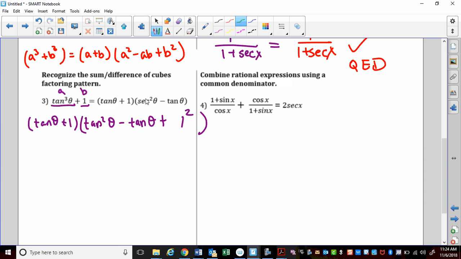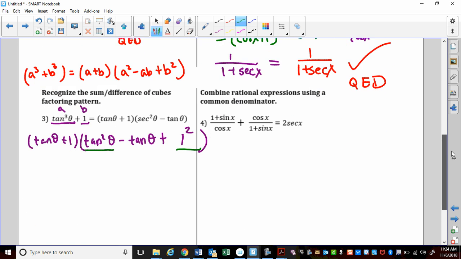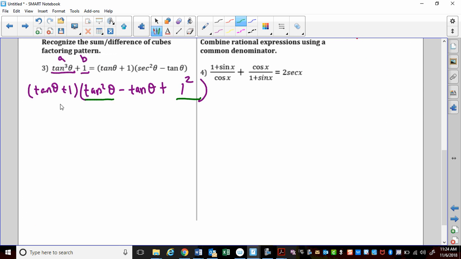Okay, but do you guys see this right here is tangent squared plus 1? This is an identity: tangent squared plus 1 is secant squared. Look at your identity sheet. So I still have tangent theta plus 1, which is actually perfect, times this is secant squared.